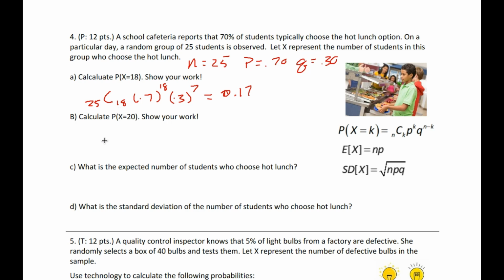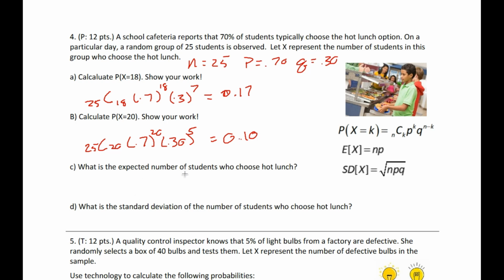Part B says calculate the probability that X equals 20. So that'd be 25 choose 20 times 0.7 to the 20th times 0.30 to the 5th. Okay, 20 students choose the lunch, 5 do not, and that ends up being about 0.10, about 10% chance.